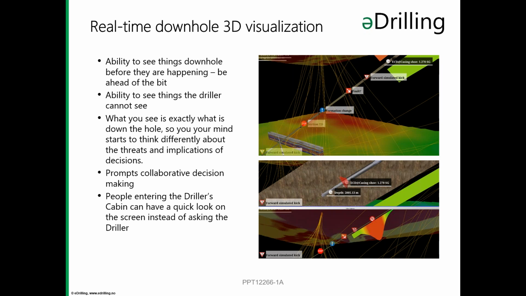And by using this, you are able to see when and where and how various events occur. You can follow and monitor where the BHA or other equipment is in the well at all times. You can also monitor the cuttings accumulations and logs from other third-party systems. So it gives you a very good view of the well in a way that's easy to understand.